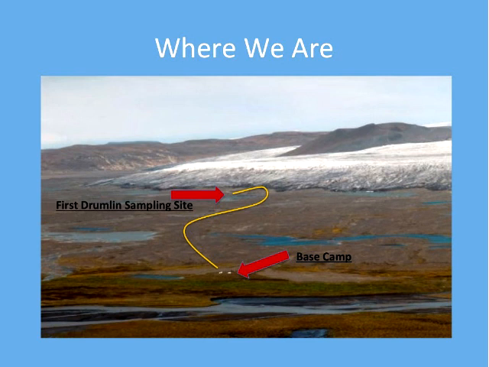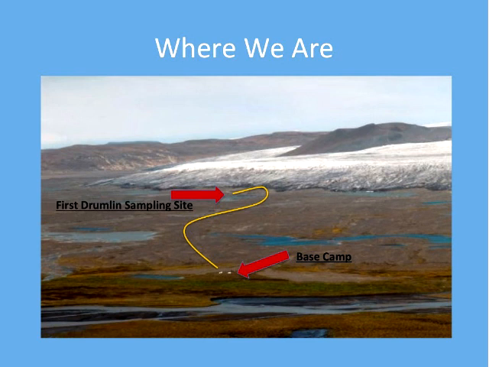So you can see the two tents in the foreground there. That's our base camp, and the yellow line running up through the center of the screen is the approximate hike that we take each morning to get to our sampling site. It takes about an hour, maybe just over an hour, depending upon the weather.